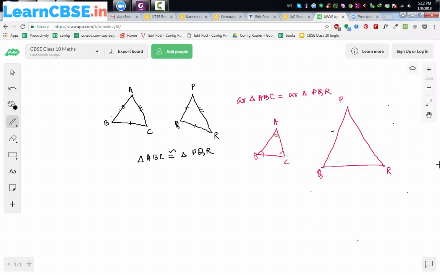So you can say A equals P, B equals Q, and C equals R. Then we can say these two triangles will be similar. This is the symbol for similarity. We can say triangle ABC is similar to triangle PQR.